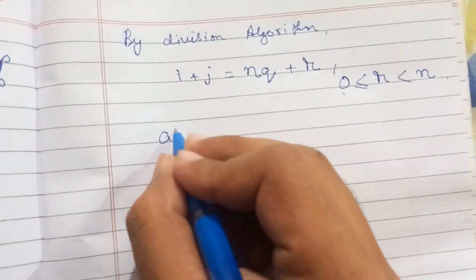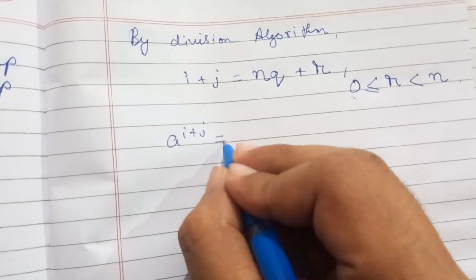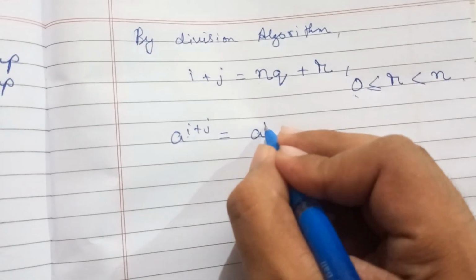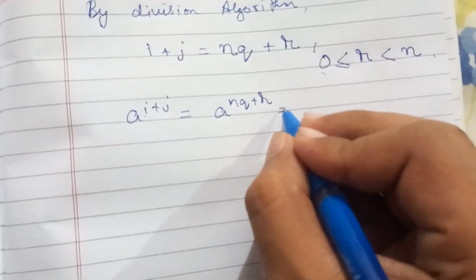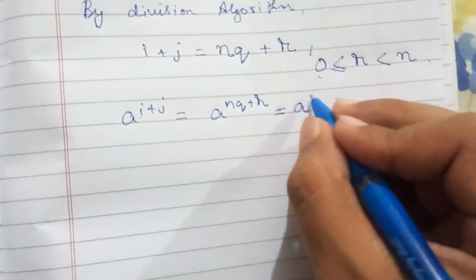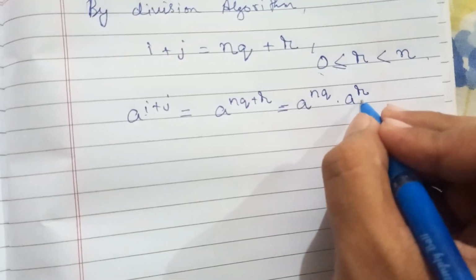So in the place of i plus j we can write nq plus r. So for a to the power nq plus r, we can use the exponent property: a to the power nq into a to the power r.